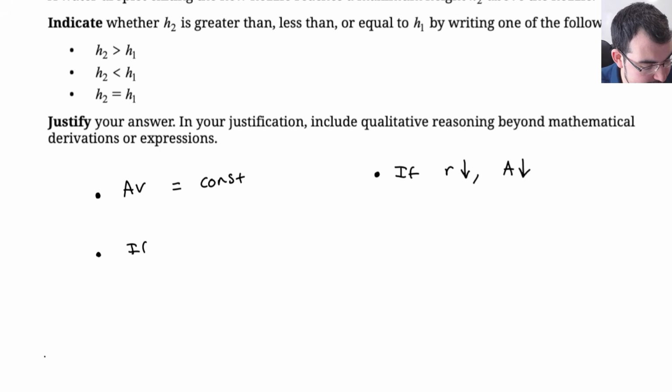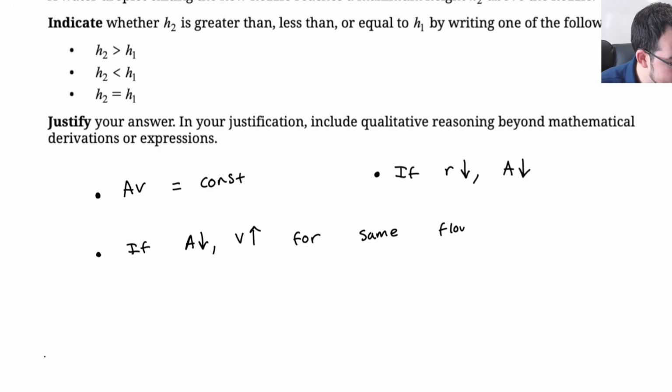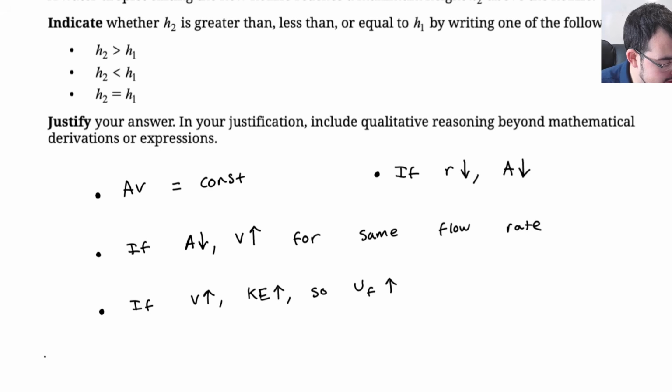So this means that if area decreases, then launch speed must increase to maintain the same flow rate. So if V goes up, kinetic energy goes up, so the final gravitational potential energy goes up, so H reached increases.